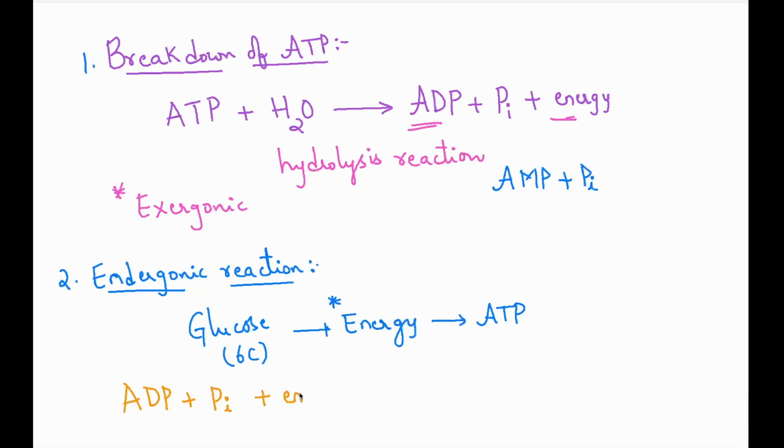Now, because this is an endergonic reaction, it requires energy. And this energy is essentially coming from the breakdown of glucose. Okay. So, ADP plus inorganic phosphate plus energy, that is essentially coming from the breakdown of glucose, helps to regenerate ATP, releasing a molecule of water in the process. Okay. Now, this is the endergonic reaction.